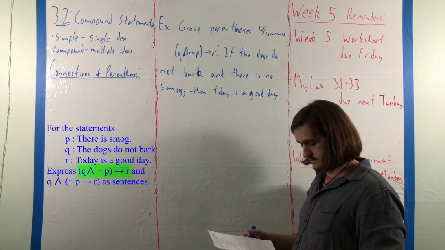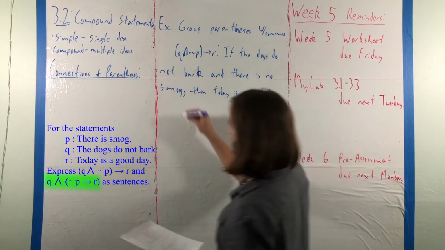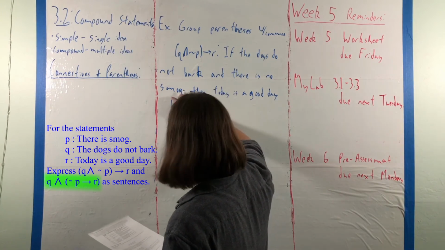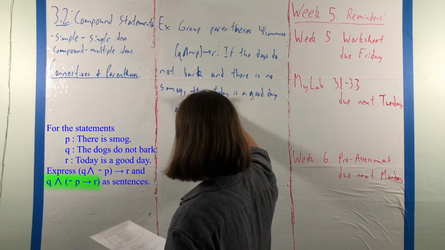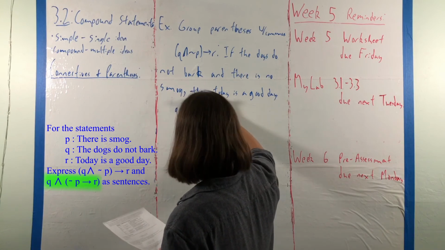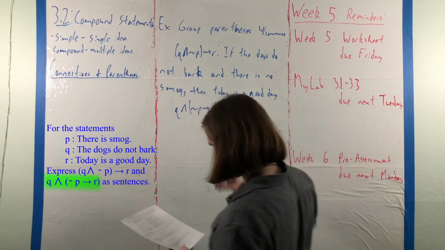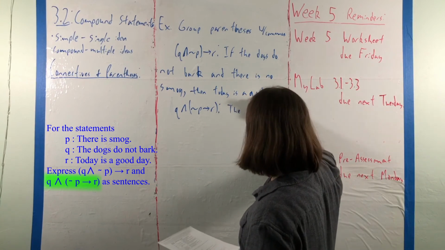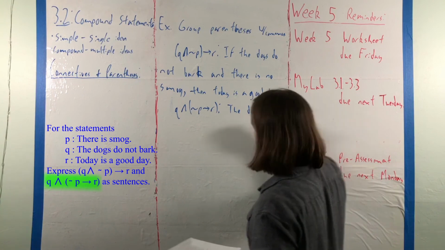On the other hand, if we have first, Q and (not P implies R), be a little bit more careful with the spacing here. We would say the dogs do not bark.